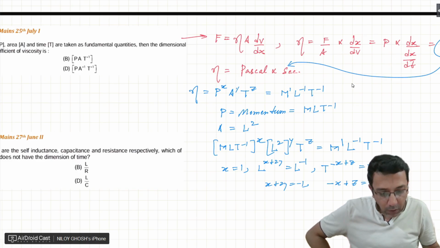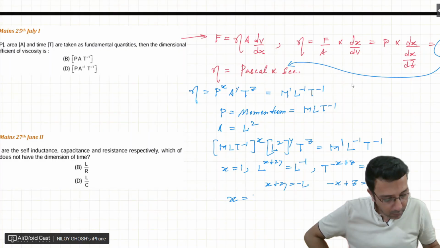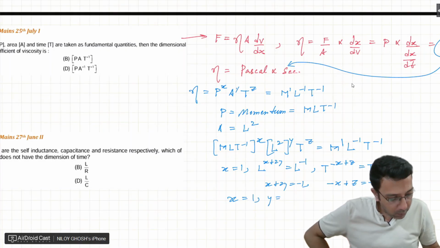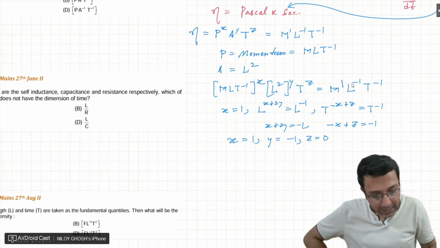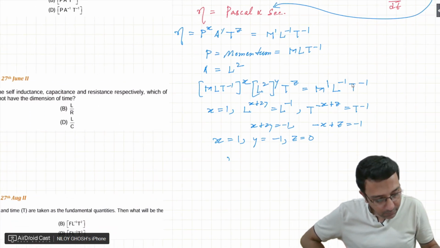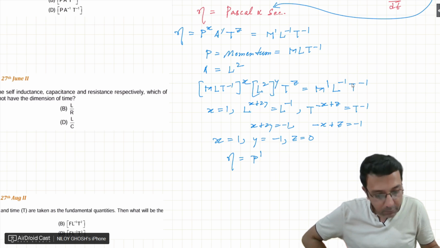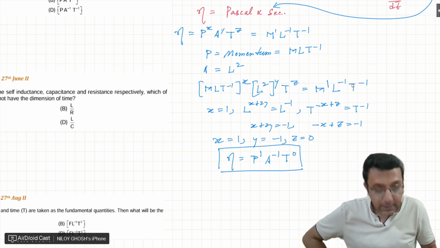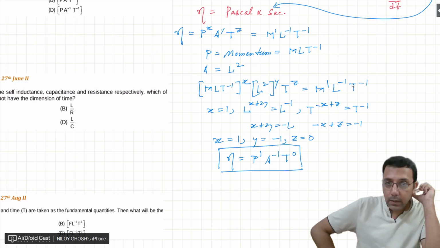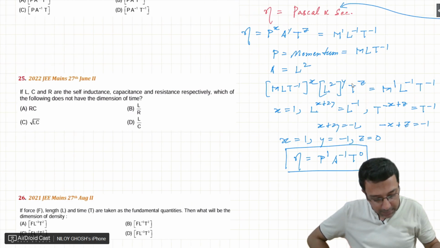If you solve it out, X equal to 1, Y equal to minus 1, Z equal to 0. So viscosity becomes momentum to the power 1, area to the power minus 1, time to the power 0. This is how this problem is done.